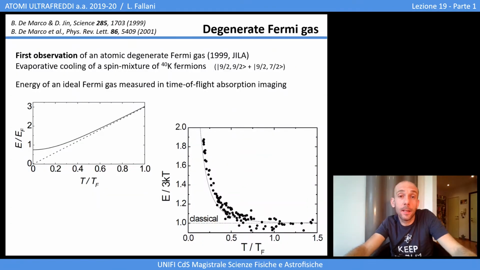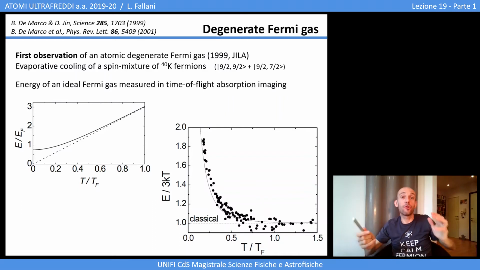And these thermodynamic measurements were used for the first demonstration of Fermi degeneracy in a gas of ultracold fermions. This was realized in 1999 for the first time at JILA, the group of Deborah Jin, by using potassium atoms.